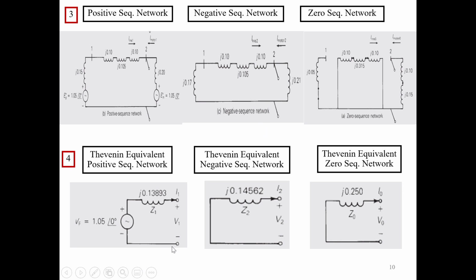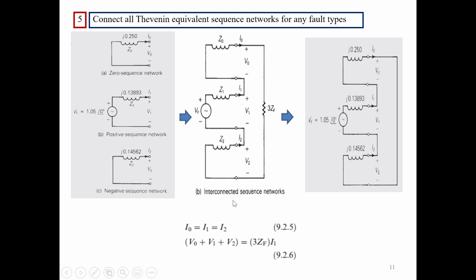Now you see that you have the Thevenin networks in this case, so you connect these three networks according to the type of fault we are considering. In this case, it is single line to ground, so it's connected in series, with a load of three times the fault impedance.